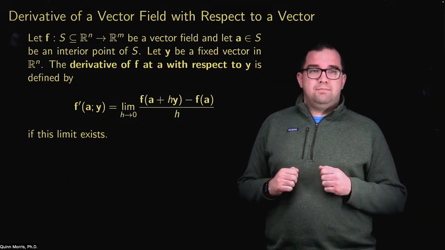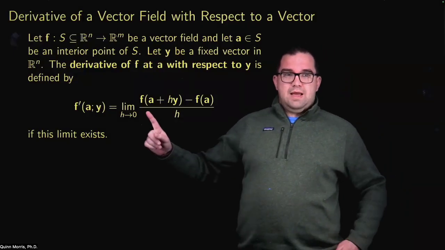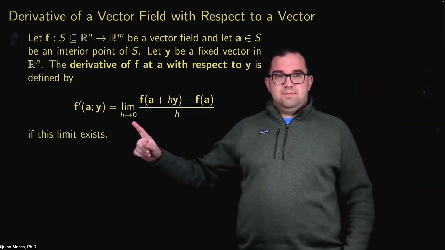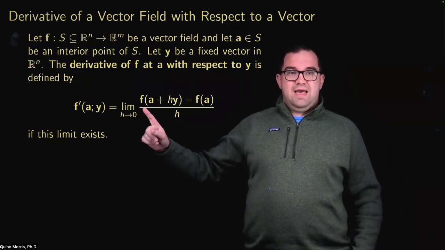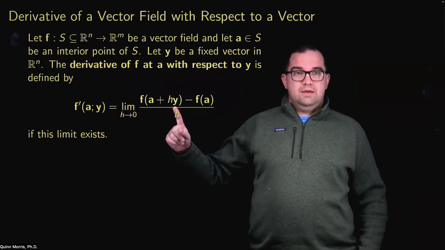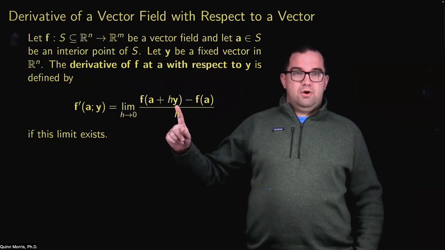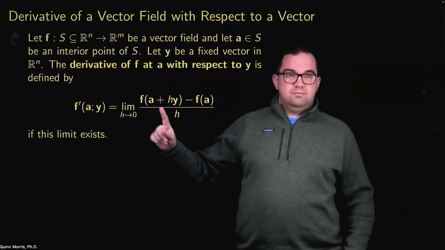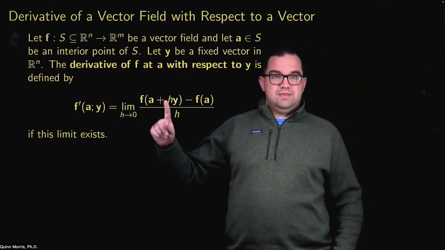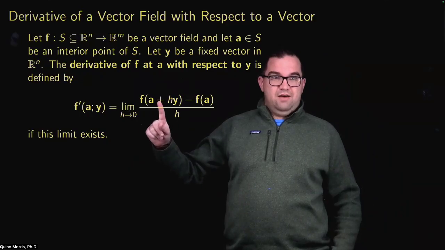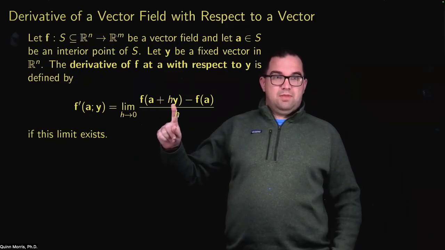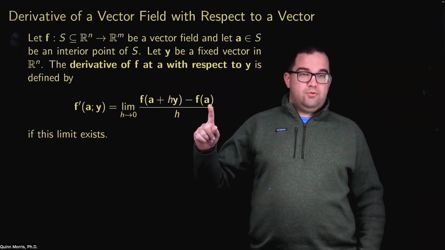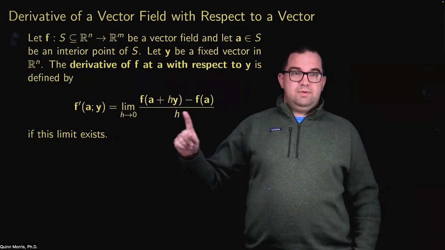So in particular, the derivative of F at A with respect to Y is the limit as h goes to 0 of F of A plus hY. Now A and Y are still both vectors in R^n. For sufficiently small h, because A is an interior point, this will be in the domain of F, and so F of A plus hY will be defined. F of A will be defined because A is in our domain S. This difference will be defined.